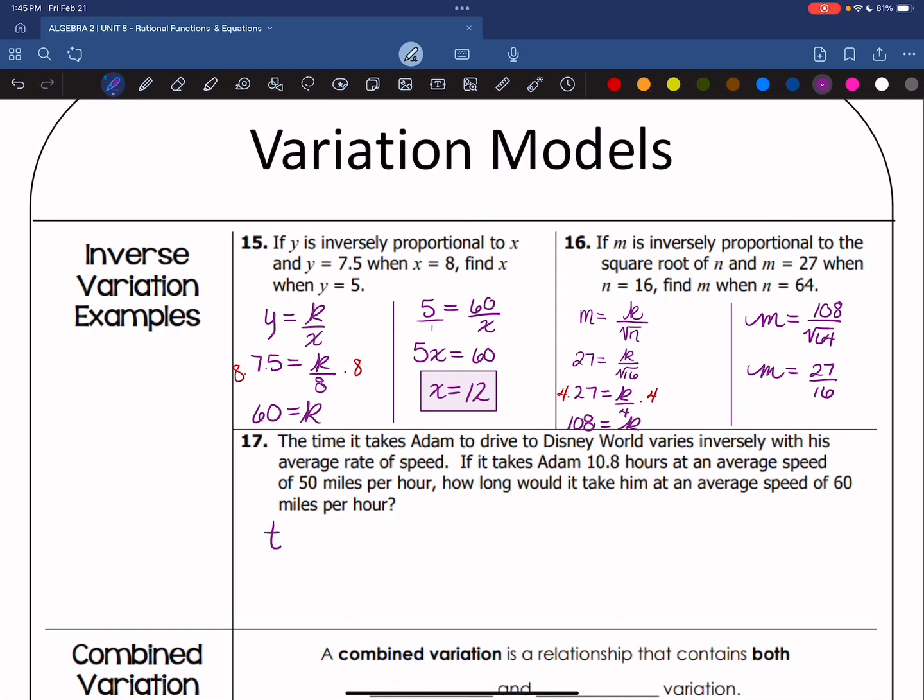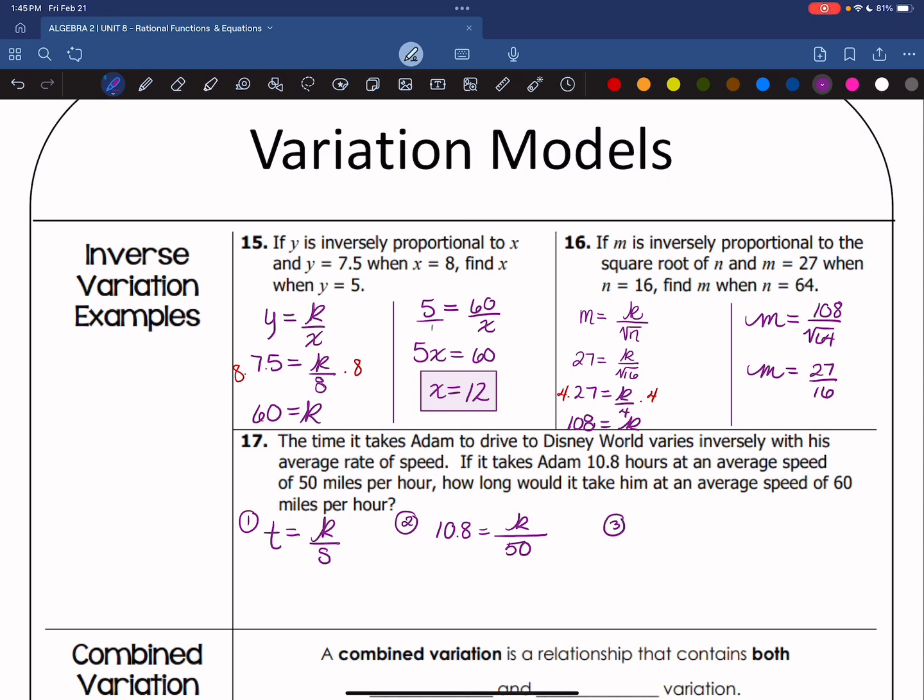The time it takes is going to be inversely proportional to his rate of speed. If it takes Adam 10.8 hours, an average speed of 50 miles per hour, how long would it take him at an average speed of 60 miles an hour? What would be that time?